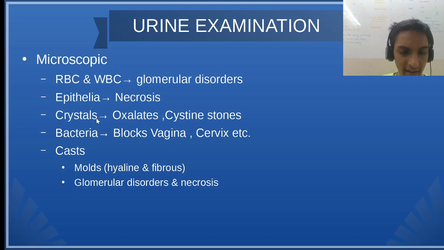Bacteria, they are going to block the vagina, cervix, the key organs of the female reproductive system, especially the opening portion of the female reproductive system. Then the casts, we have molds which may be hyaline or fibrous, very common in glomerular disorders.